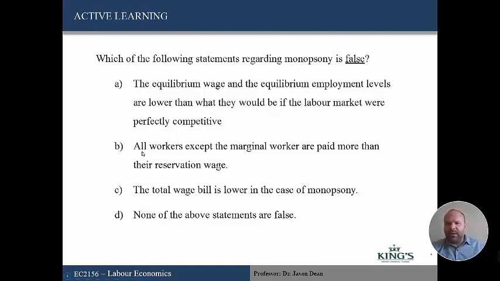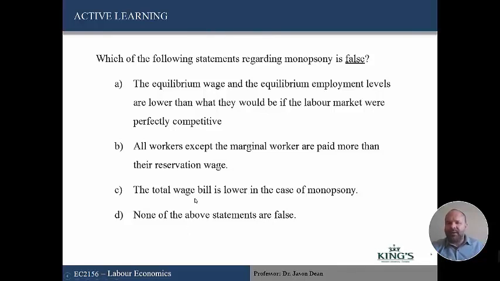B, we know that all the workers except the marginal worker are paid more than their reservation wage. If you remember when we looked at our numerical example, to get that 10th worker, we needed to pay that person $7.50, which is exactly what their reservation wage was. But all the existing workers had a lower reservation wage and are now going to get paid more.